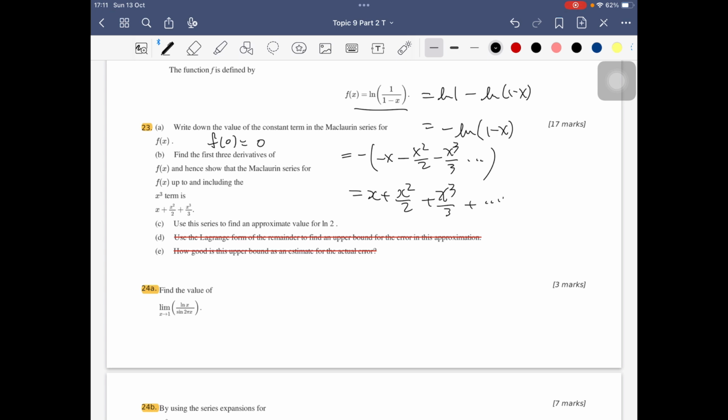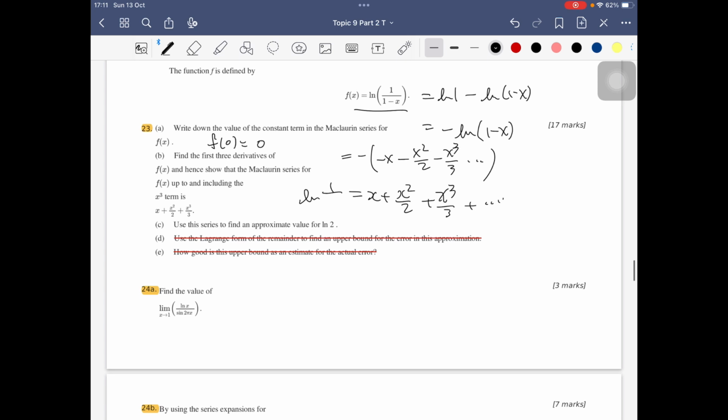Use this series to find the approximate value for ln 2. Here ln 1 minus x, this is this one. So 1 minus x becomes 2, 1 minus x is 1 over 2, so x is 1 over 2. Since we estimate with this polynomial, we put 1 over 2 into there.